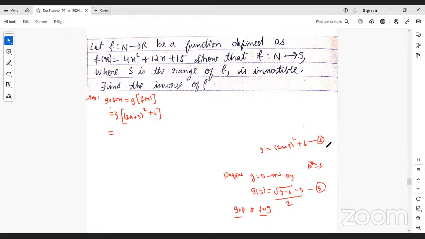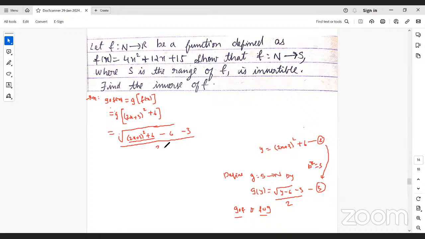Here equation 2 and equation 3 are playing an important role. In place of y, we need to replace this value, (2x plus 3) whole square plus 6. So in equation 2, where there is y, replace it with this value: root of (2x plus 3) whole square plus 6, then minus 6, as it is, minus 3, whole divided by 2.